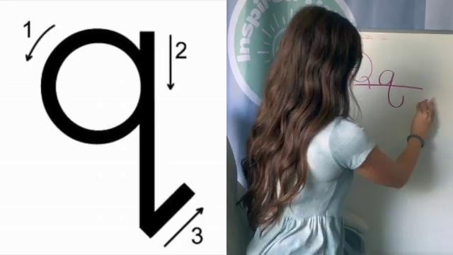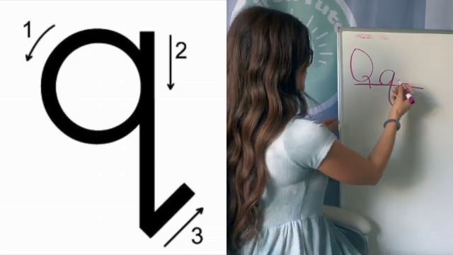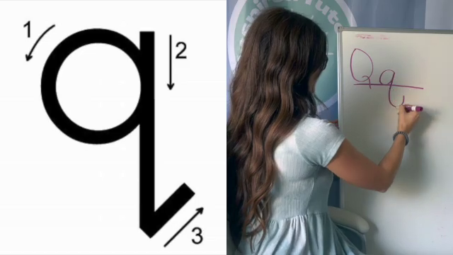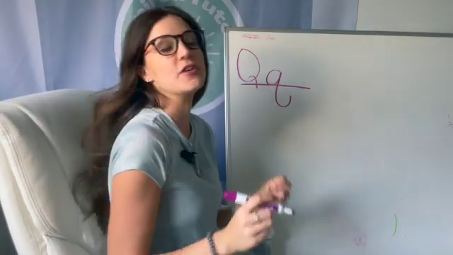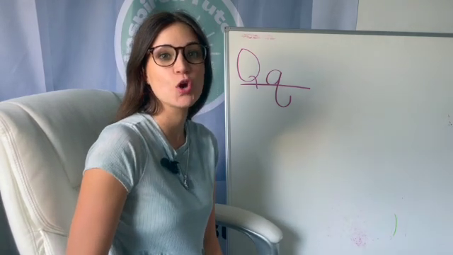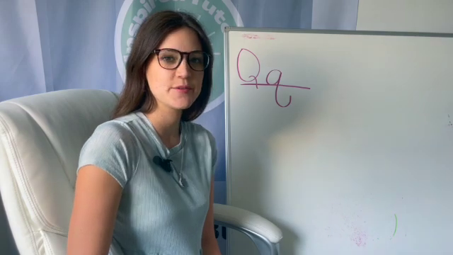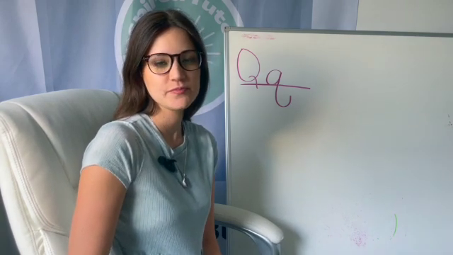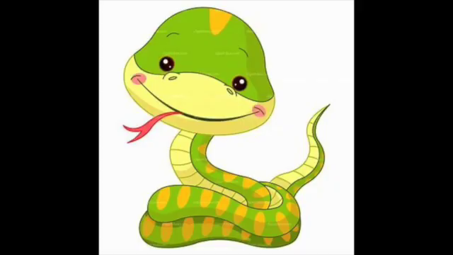But then you're just going to make the curve go backwards. Okay, so let's try it. Around, down, and up. Okay, so the letter Q makes the qu sound. Can you think of a word that starts with that sound? It'd be like the word queen.